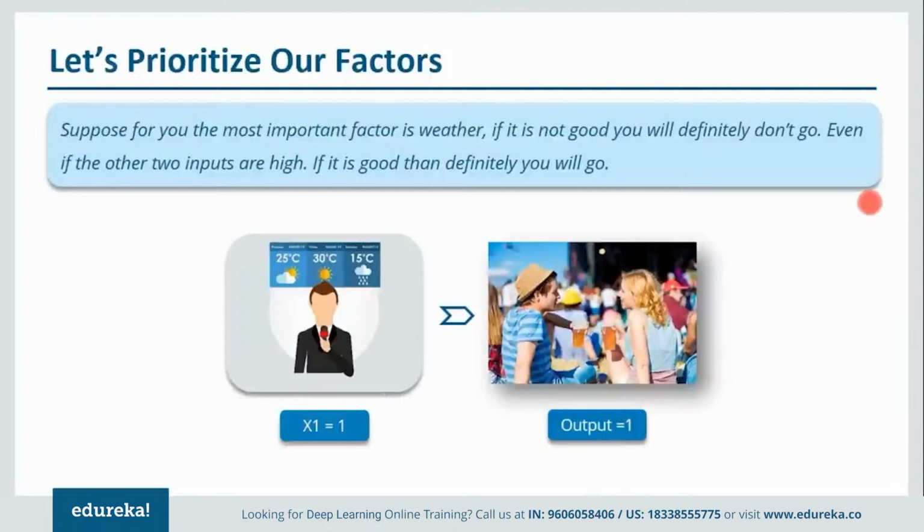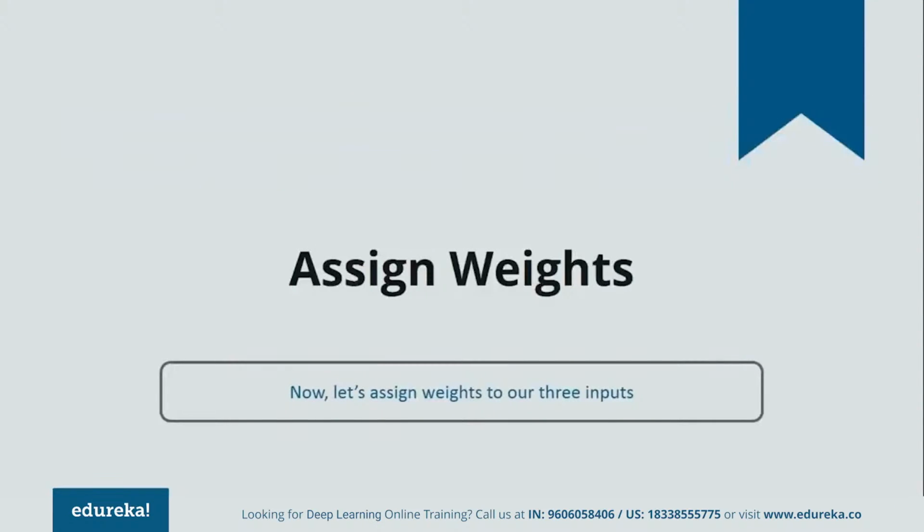So how do we actually prioritize our factors, or give more importance to a particular input and less to another input in a perceptron or in a neuron? We do that by using weights. We assign high weights to the more important inputs, and we assign low weights to those inputs which are not that important for us. So let's assign weights, guys.